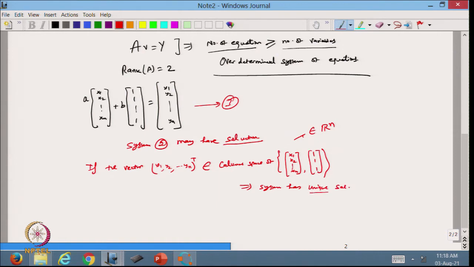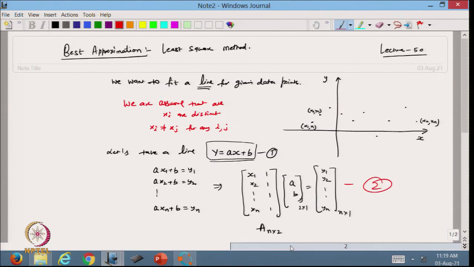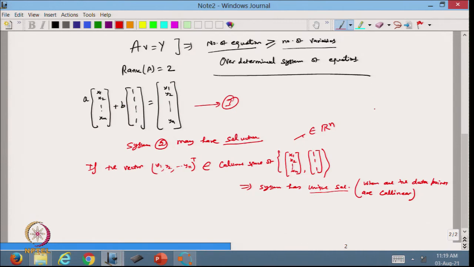And this is possible only when all the data points are collinear. It means this system is going to have a solution when all the data points lie in a line like this one.